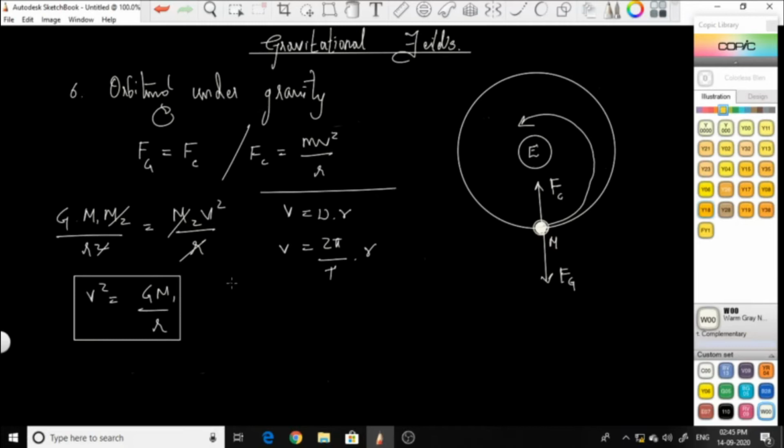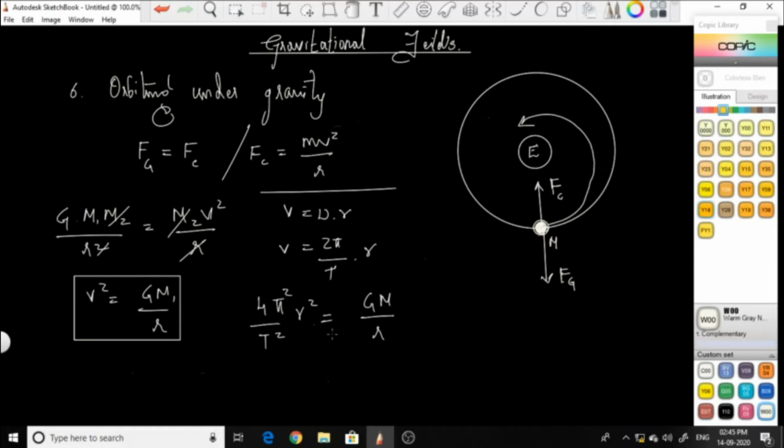So v squared is 4 pi square over t square times r square, which is equal to G M over r. Now let's shift this r to that side and t square to this side.